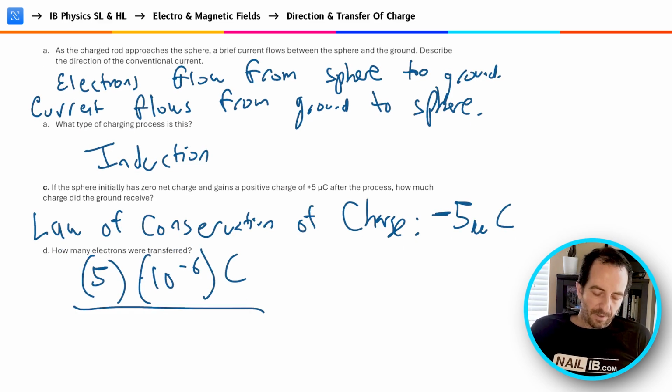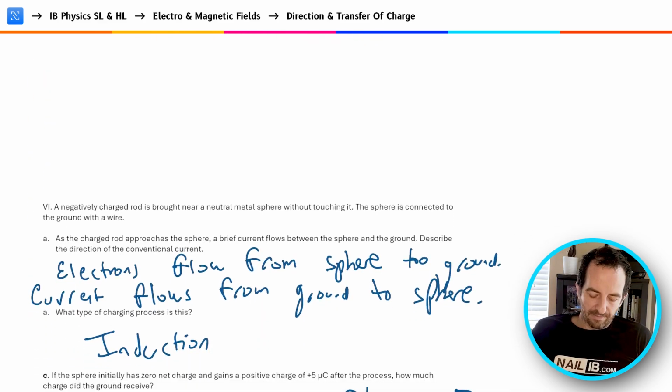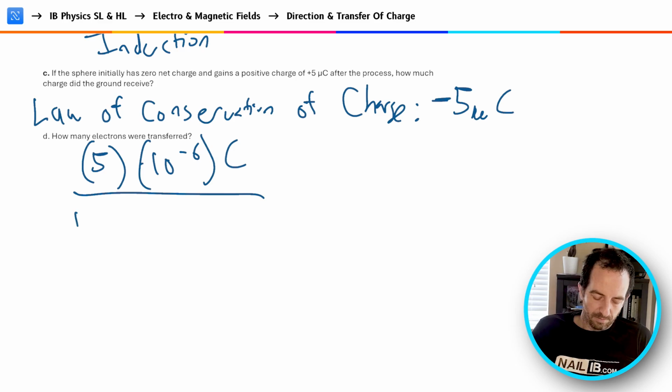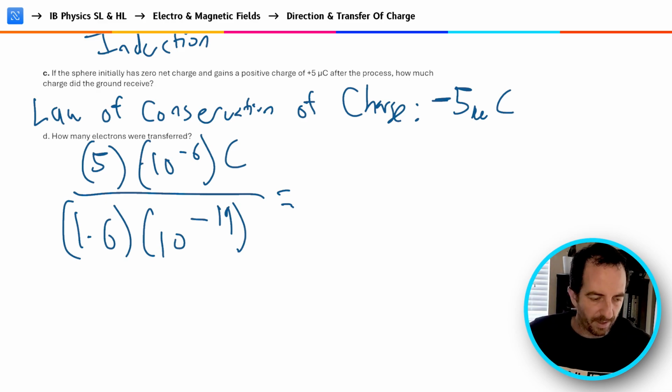To see how many, we divide by the fundamental charge of an electron, which we looked up and said was 1.6 times 10 to the negative 19. Let me just divide this out on my calculator. There we go.